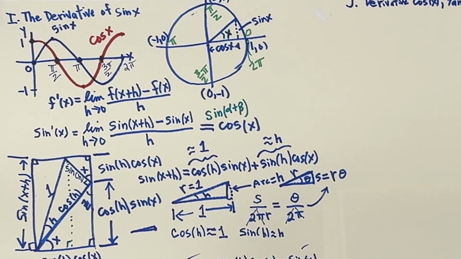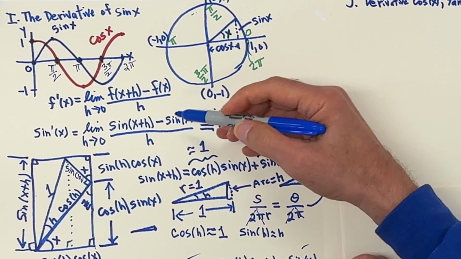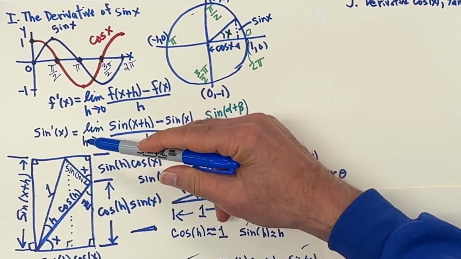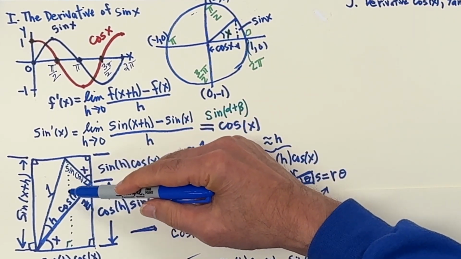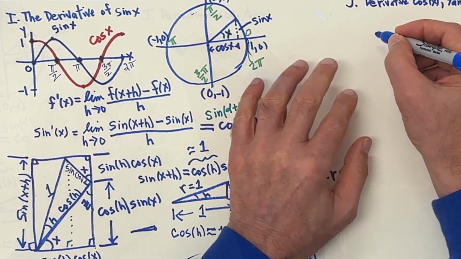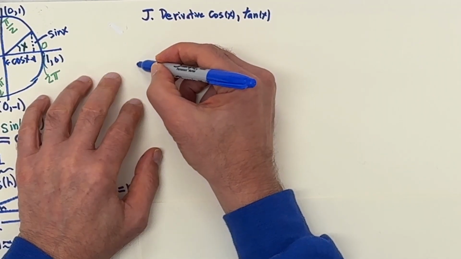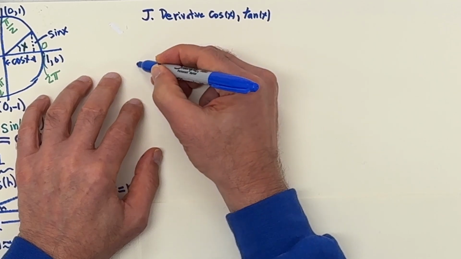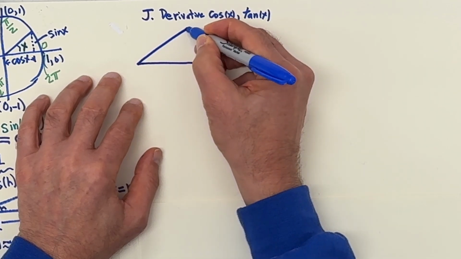Now we would like to do this here in a short way, and there was a lot of stuff we had to do when we did the derivative of the sine. But the cosine will actually be easy. And the reason why is a nice relationship.